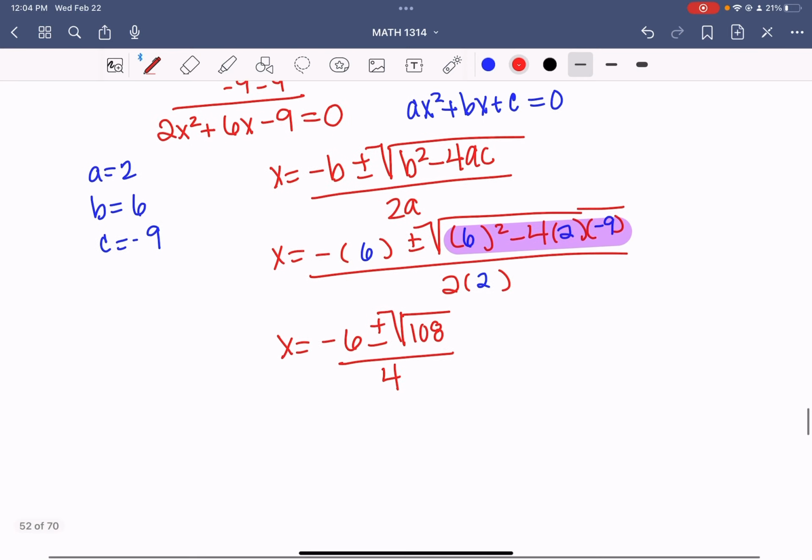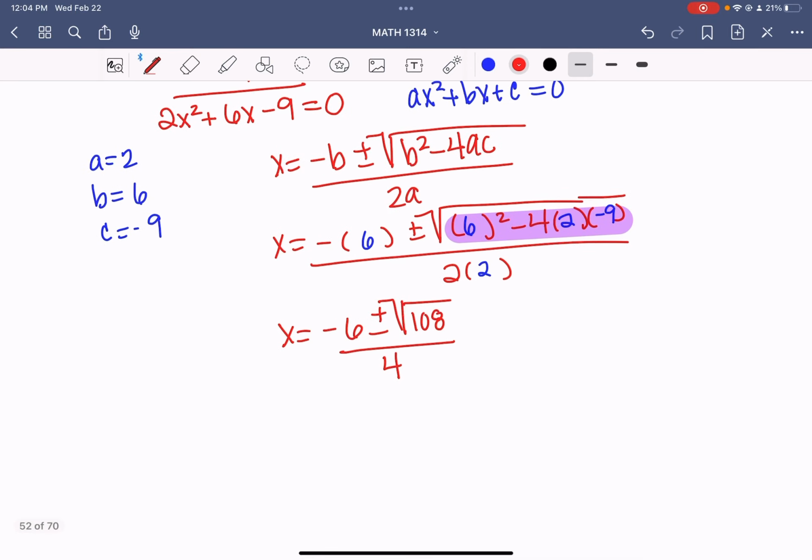Now I need to break down 108. I would go to my calculator and see if it square roots like the 81 did earlier, but in this one, the square root of 108 gives me a decimal, so that's how I know I need to do a prime factor tree. It's an even number, so I just break it into 2 and 54. 54 breaks into a 2 and 27. 27 breaks into 3 and 9.